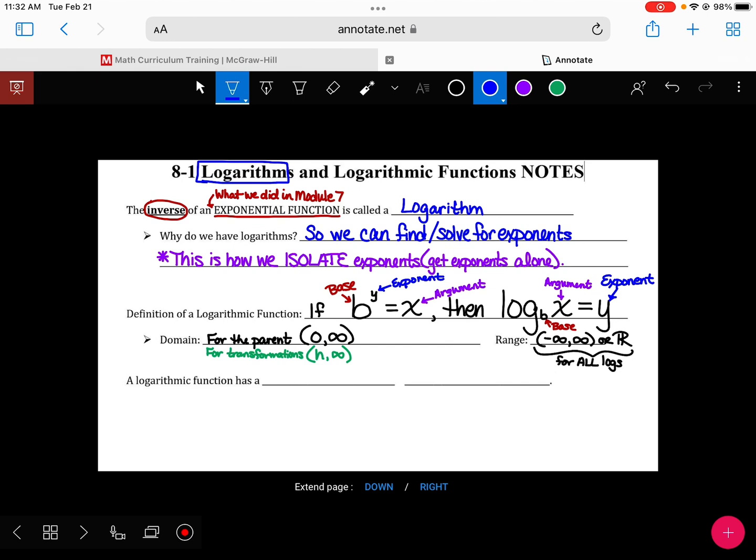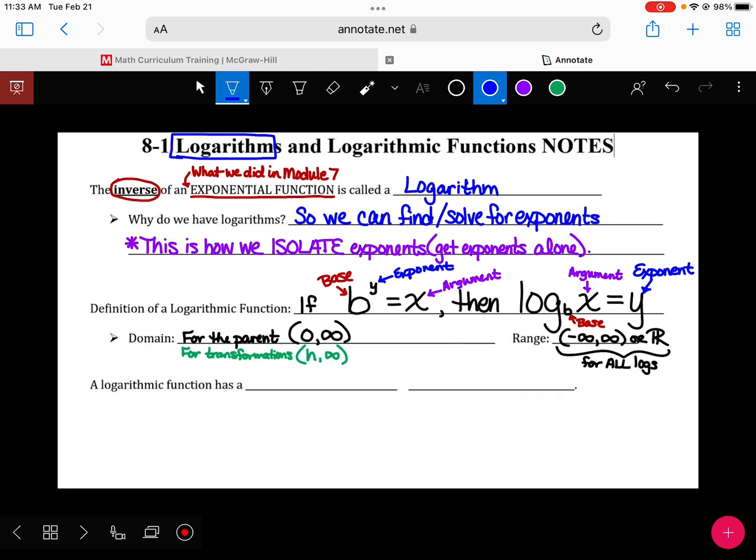What kind of an asymptote did exponential functions have? How did you draw the asymptote for an exponential function? It was a line. Which way did that line go? Horizontally. If logarithms are the inverse, that means I switch the x and the y, what kind of an asymptote do you think this is going to have?